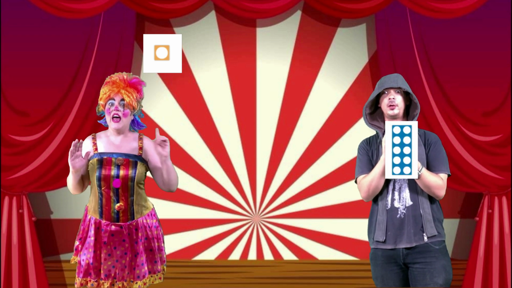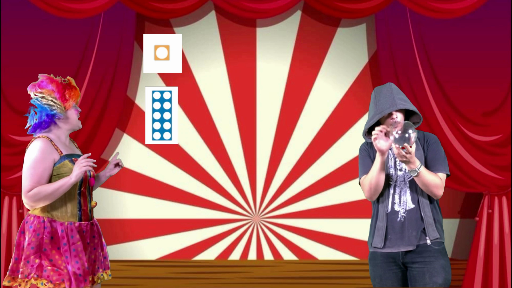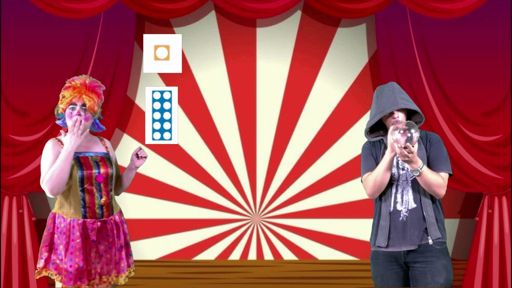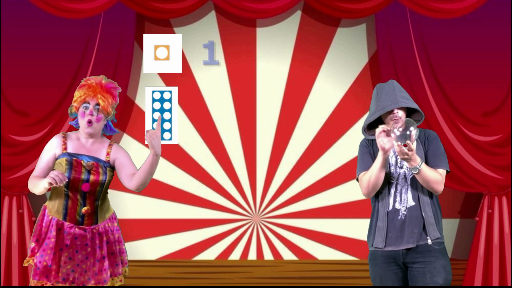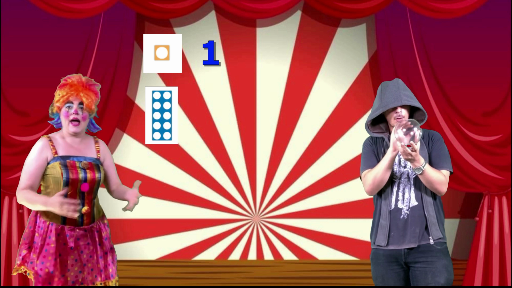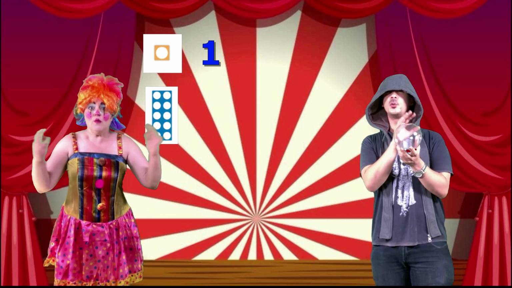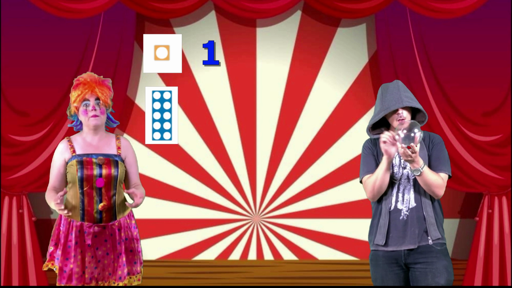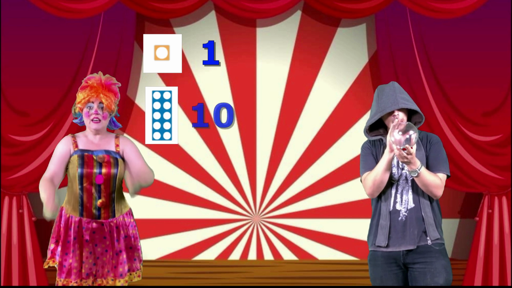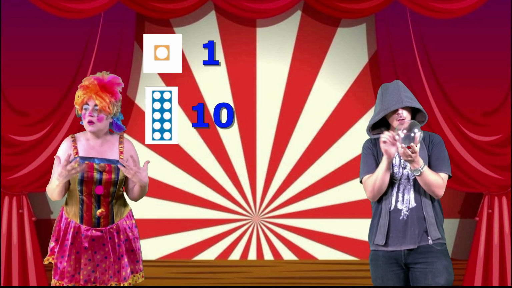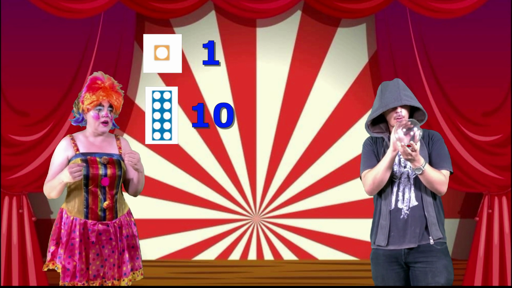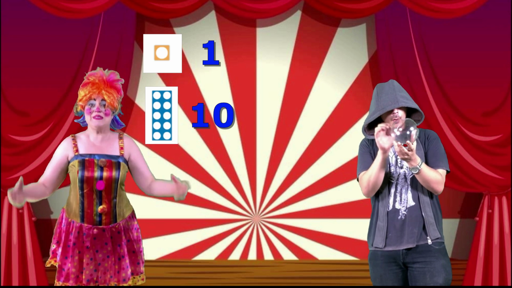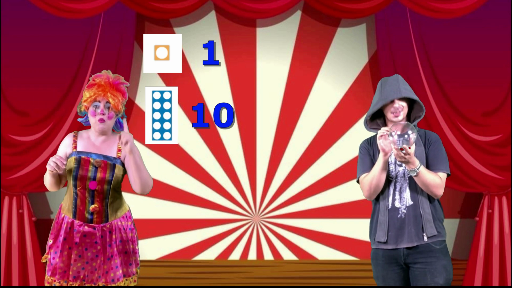Oh, that's a Numicon 10. How many holes are there in a Numicon 1 shape? That's right, 1 hole. And how many holes are there in a Numicon 10 shape? You're absolutely right, there are 10 holes. So, 10 is 10 times larger than the number 1.